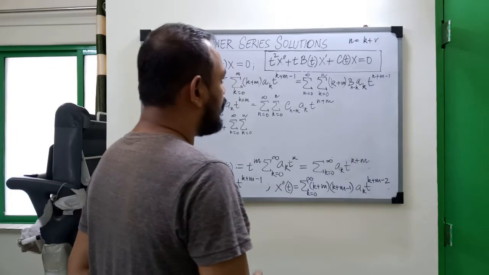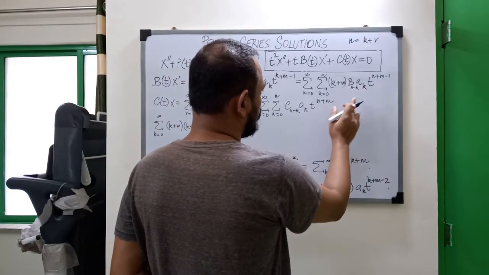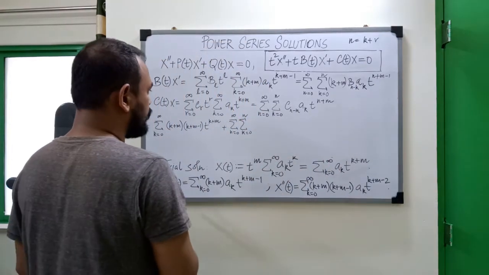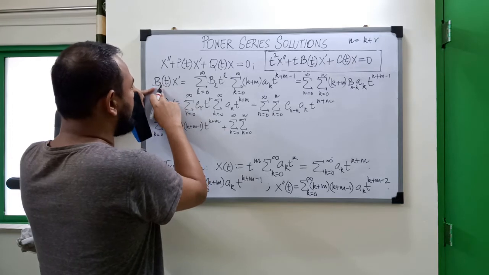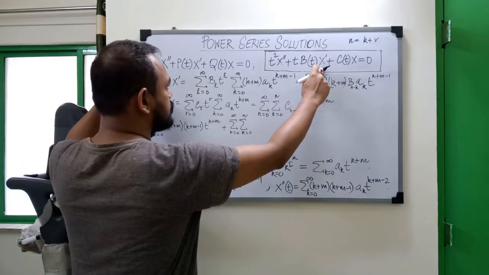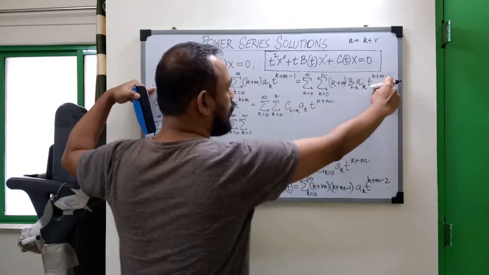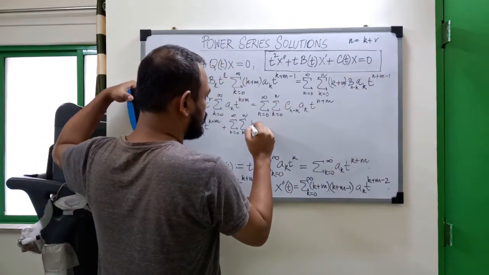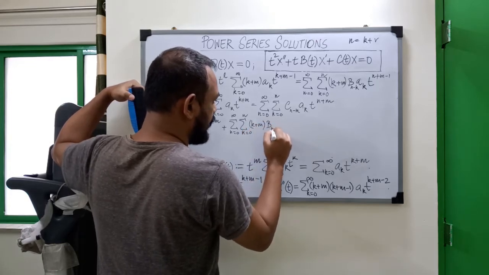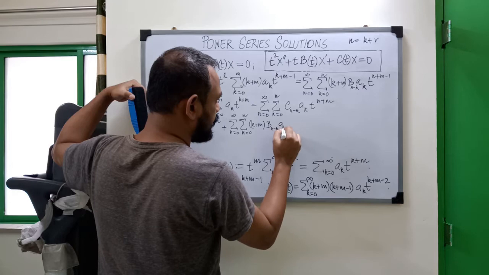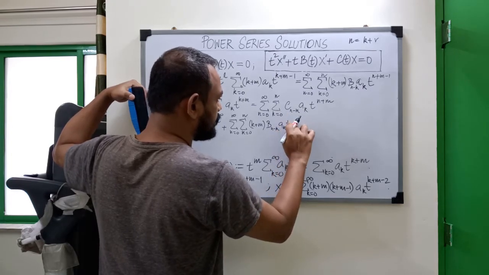Let's do it one by one. When you have B, this quantity, and you multiply the t over there, you will eliminate the minus 1. So you will get k plus m, b n minus k a k t n plus m.